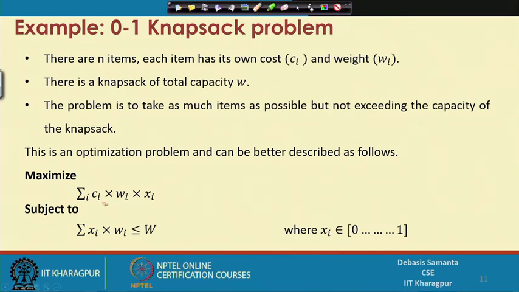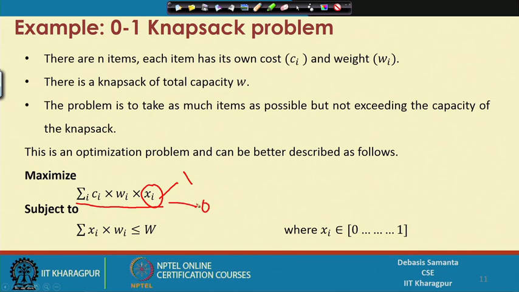Now, this problem can be expressed as an optimization problem statement, which is here. This is the objective function to maximize. C_i is the cost if the ith item is selected, W_i is its weight, and X_i says whether that item is selected, yes or no. So, X_i is 1 if it is selected and 0 if it is not.